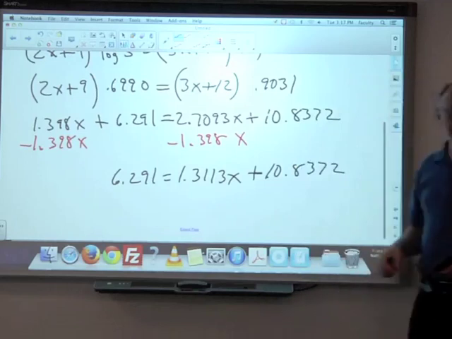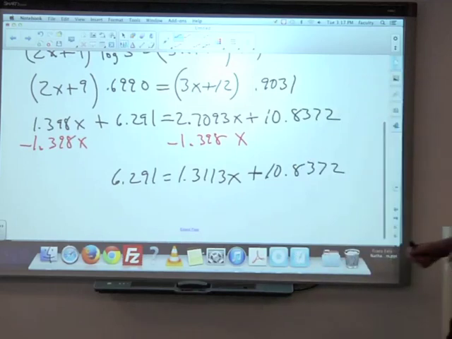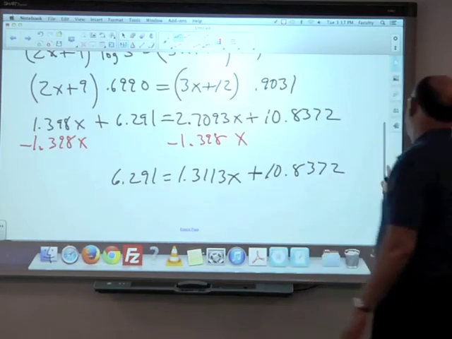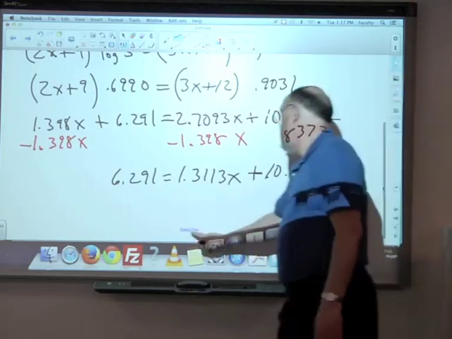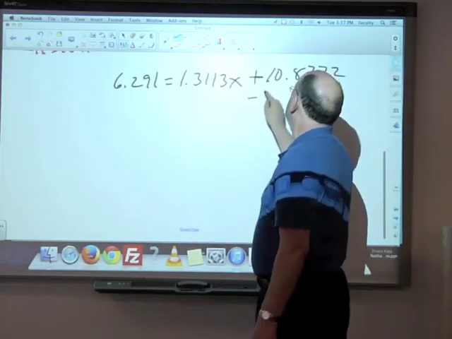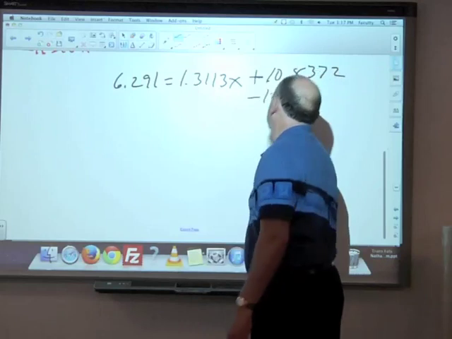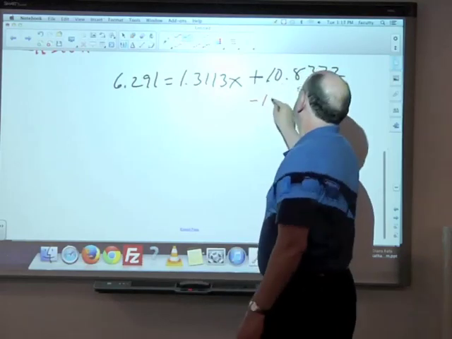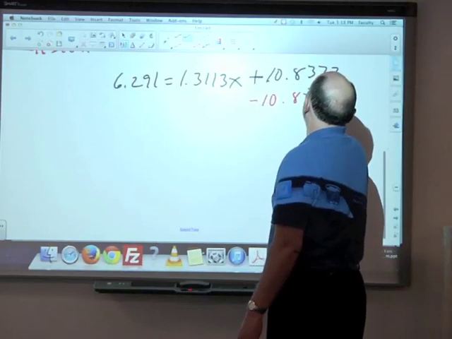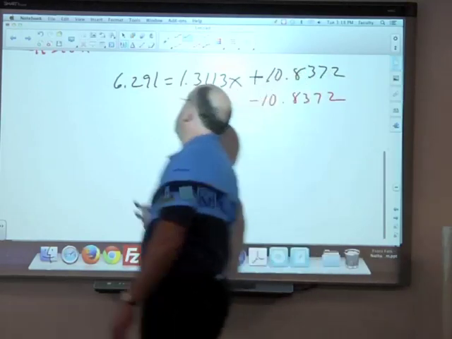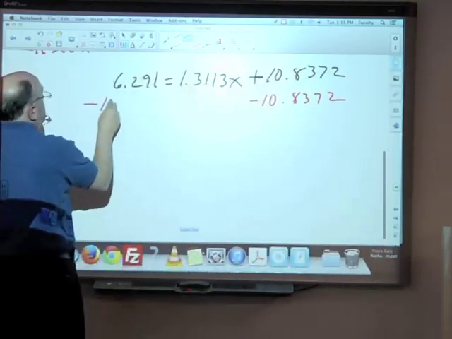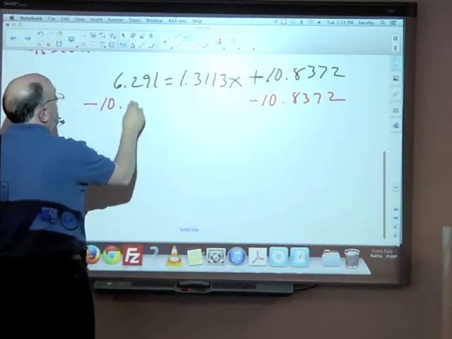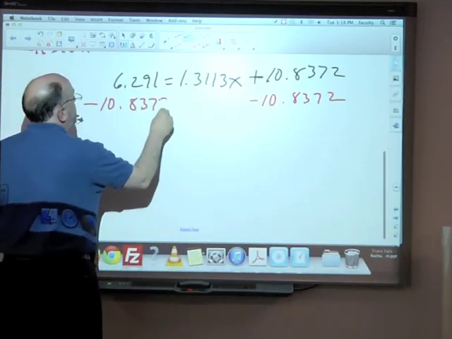Next step is to bring the 10.8372 to the other side. We do that by subtracting. So subtract 10.8372 from both sides, minus 10.8372 minus 10.8372.